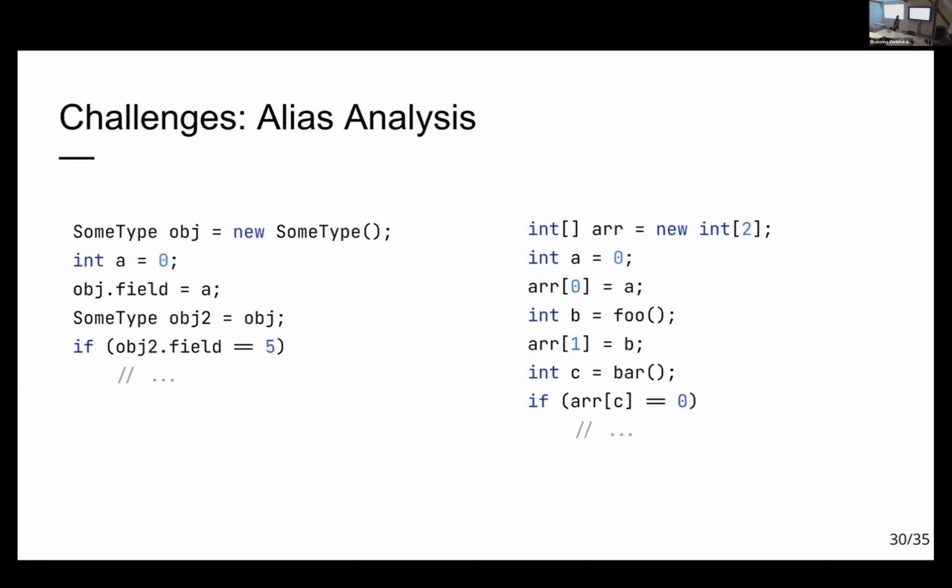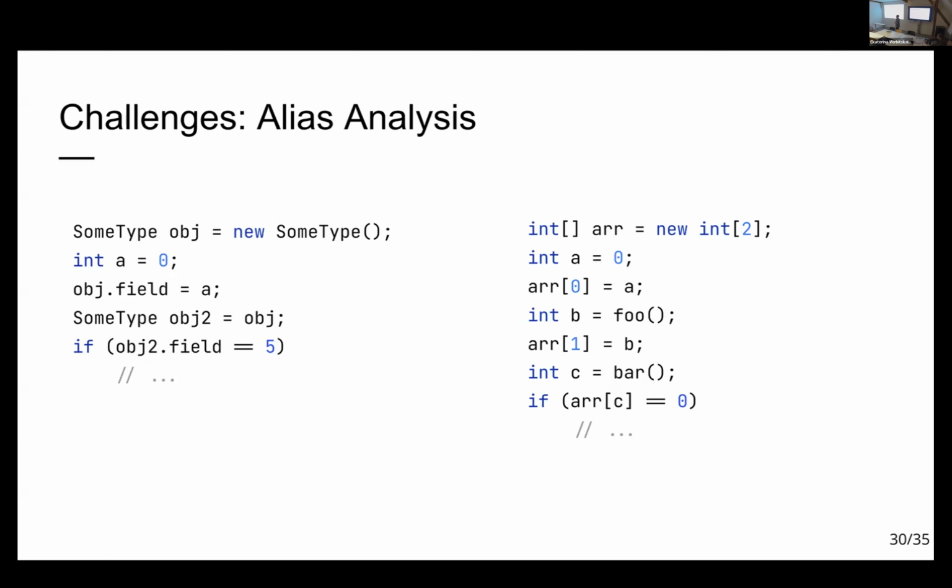Another problem was alias analysis that I mentioned a little bit earlier. Imagine that we have some kind of test case, for example, the one on the left, and we can easily understand that obj itself is primitive dependent because it has a field that is equal to A, that is a primitive.